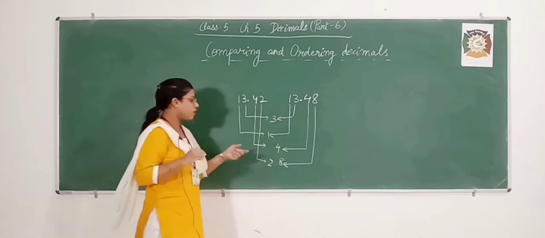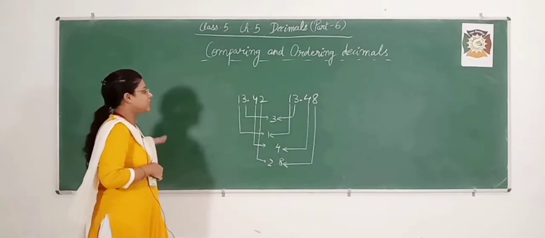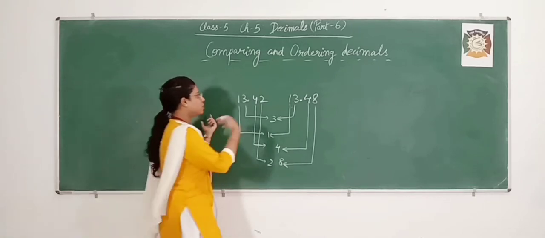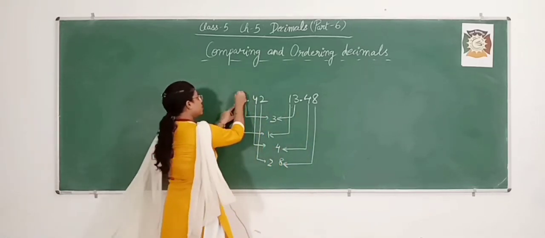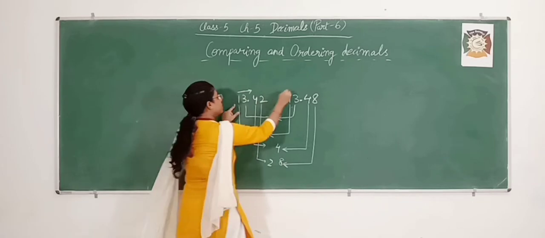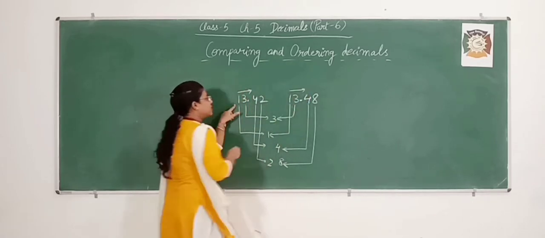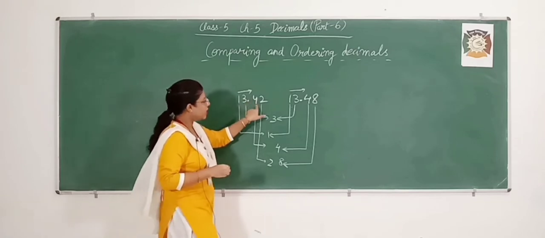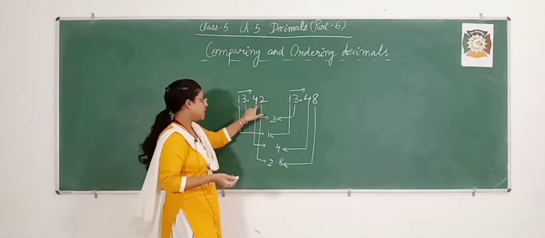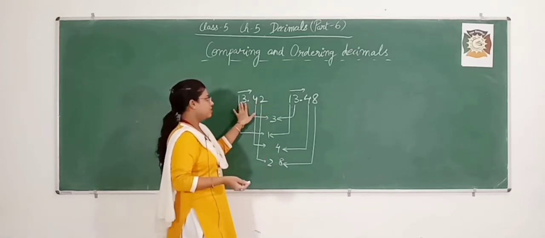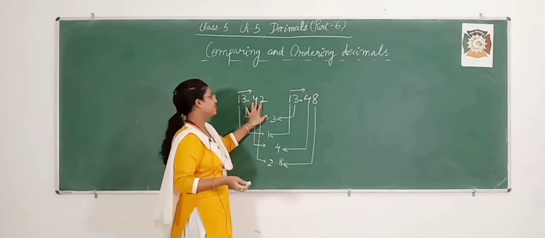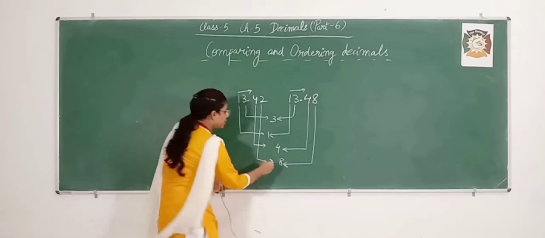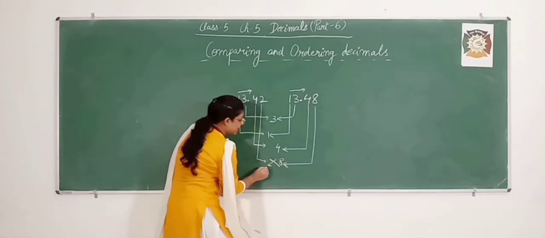So you are going to compare the different digits, but mind students, you have to compare from the left hand side, not from the right hand side. You will start comparing the like decimals from the left hand side. First you will compare 1, 3, then you will move to the decimal places. If they are same, it's fine. This is also same, it's fine, but the next digit is different. So from here you will compare that 8 is greater than 2.